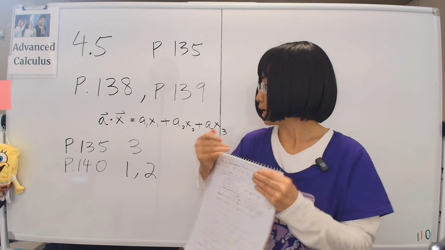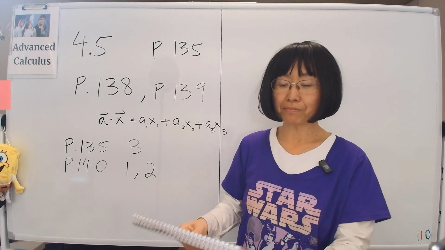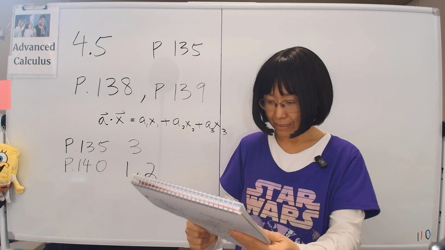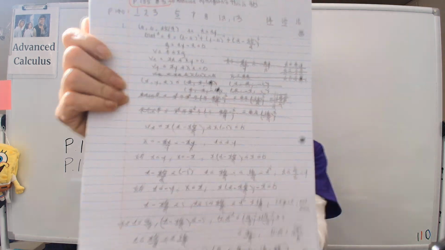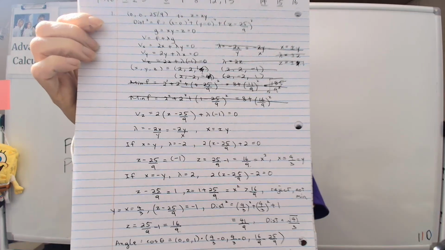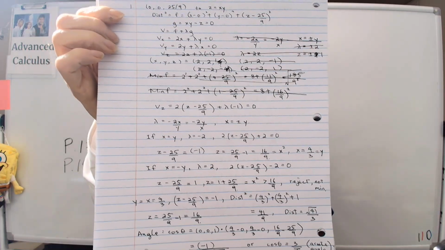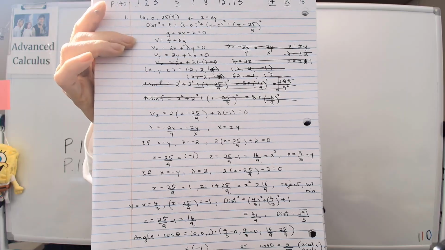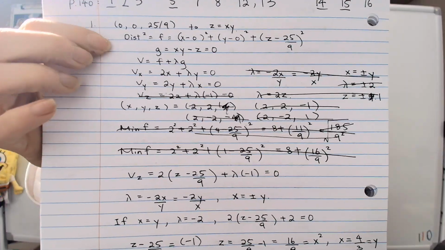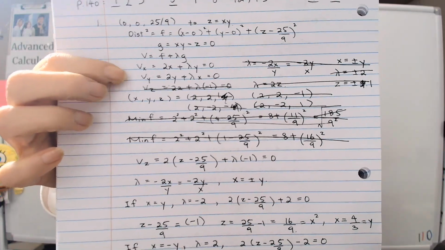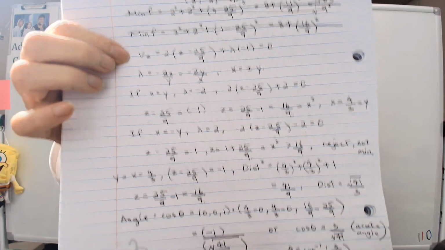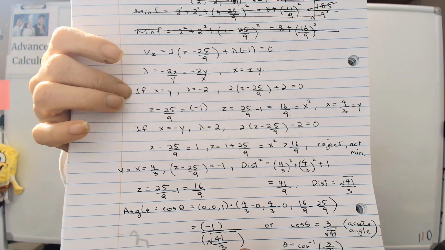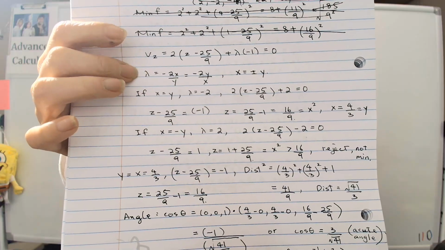Now let's do problem 1 of our current section on page 140. Problem 1, I think, is fairly straightforward. I'll just show you how I did it. Here is the entire page of stuff. You just follow the formula. Then you come up with some stuff, and you have to calculate lambda, and then you notice that x is equal to plus or minus y.